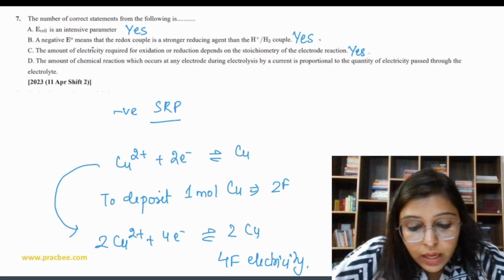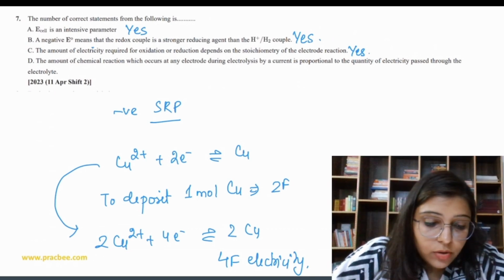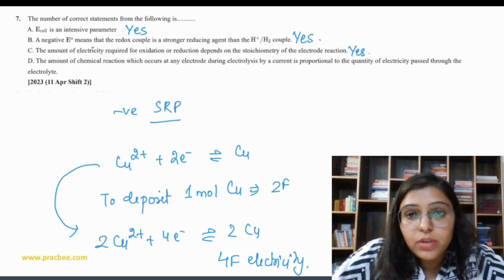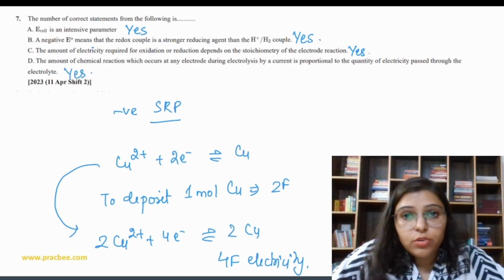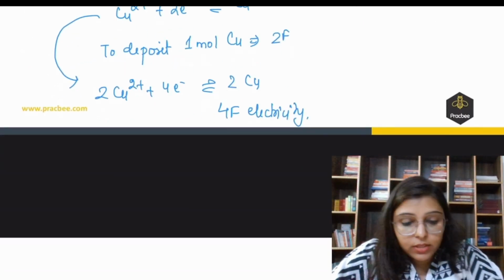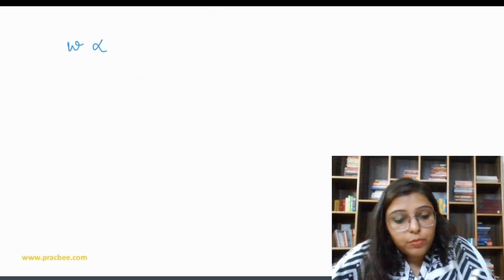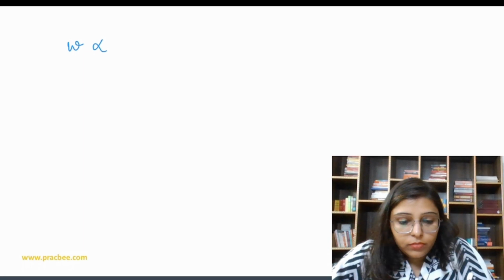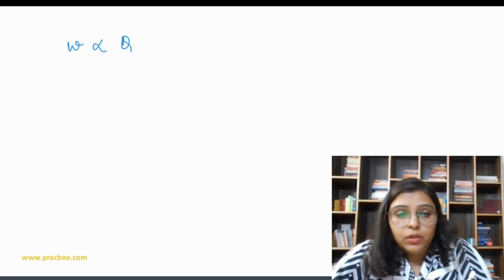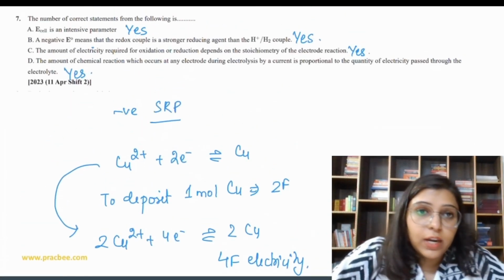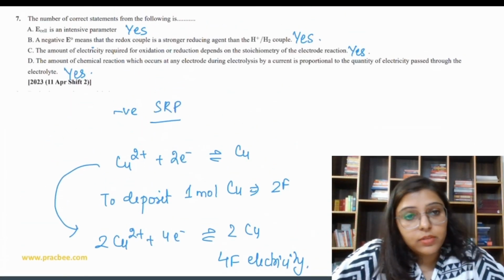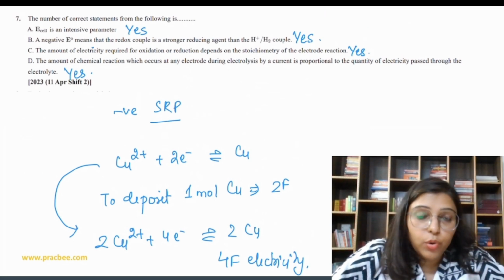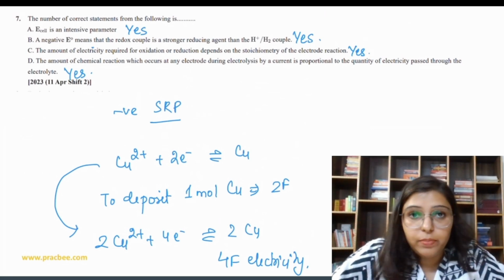Now fourth, the amount of chemical reaction which occurs at any electrode during electrolysis by a current is proportional to the quantity of electricity passed through the electrolyte. Yes, this is Faraday's law of electrolysis: W is directly proportional to Q. The more charge you pass, the more deposition is going to happen.